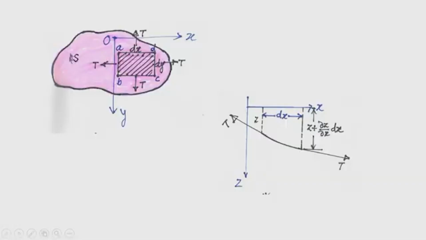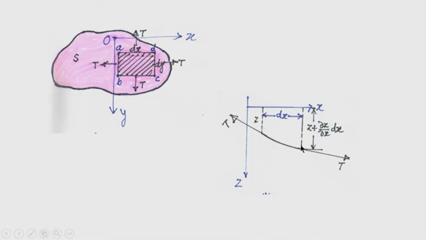So, here is the membrane that you are seeing, and suppose a deflected line is shown here, and at this point this length is dx parallel to the x axis. I have taken a section or a line along the x axis. The line that you are seeing is actually a curved line, and the elemental length in the projected plane is dx, and z is the deflection at one end.